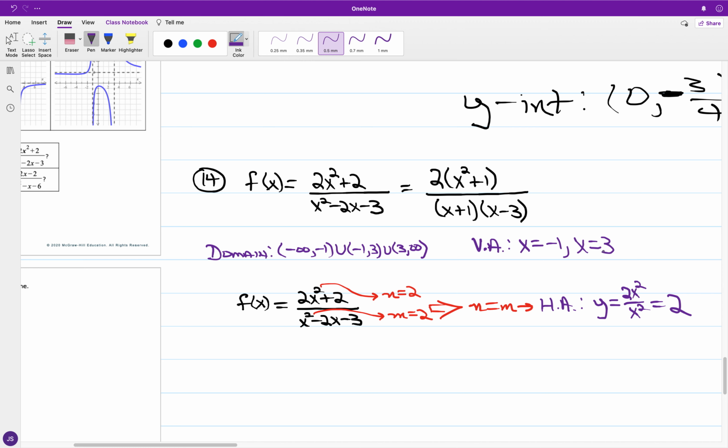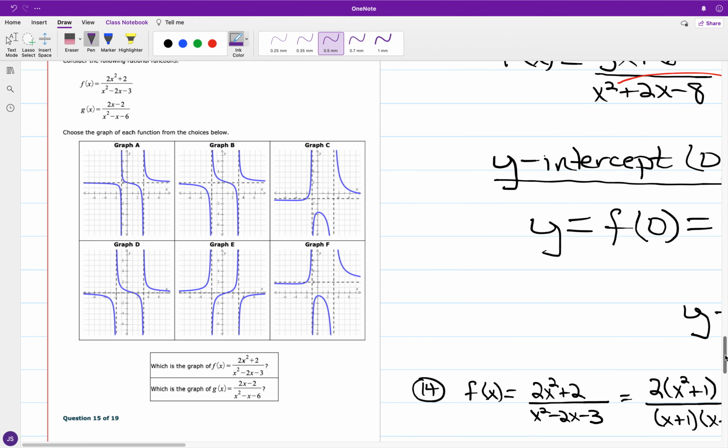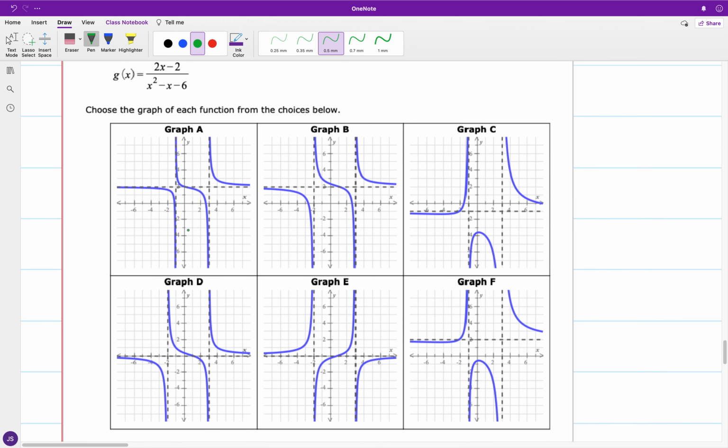So you have -1 and 3, to which x is set equal for the vertical asymptotes, and we have that y is equal to 2. Just looking at what we have for the graphs: -1, 3, y equal to 2, so A is in the running.